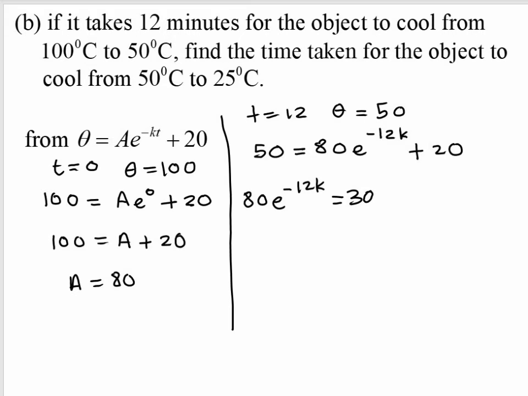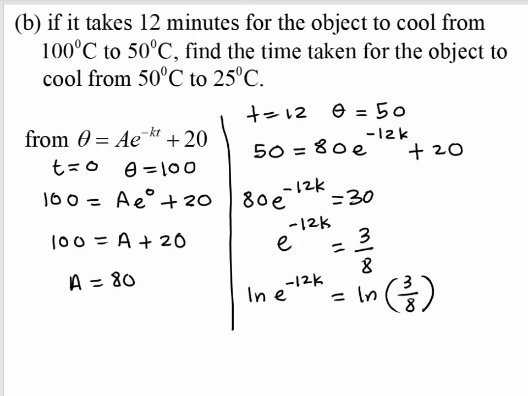And then let's solve to find the value of k. So we have e to the power of negative 12k equals 3 over 8. And ln both sides. So we have ln of 3 over 8 equals negative 0.9808, and here is negative 12k.